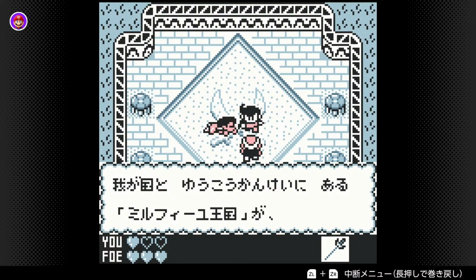So yeah, wa a shorter form of it. Ga, in this case, is actually a classical particle which indicates possession. So actually a possessive particle.